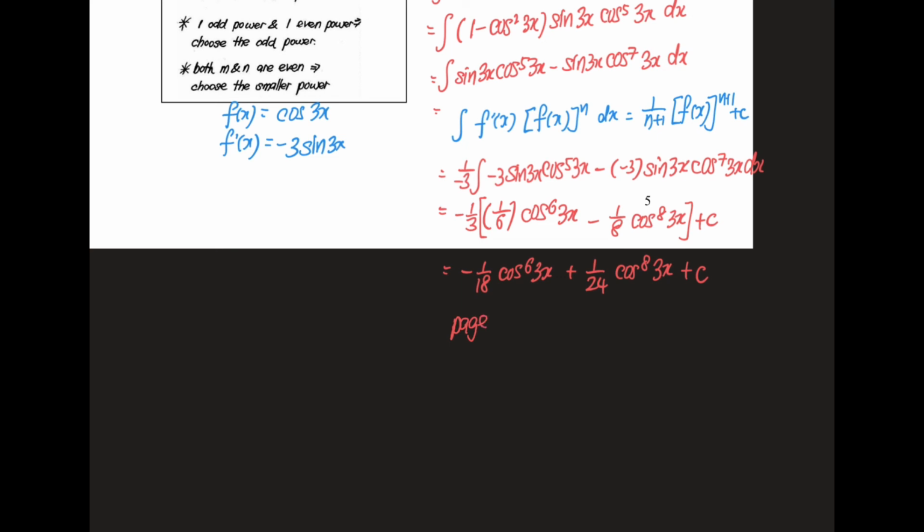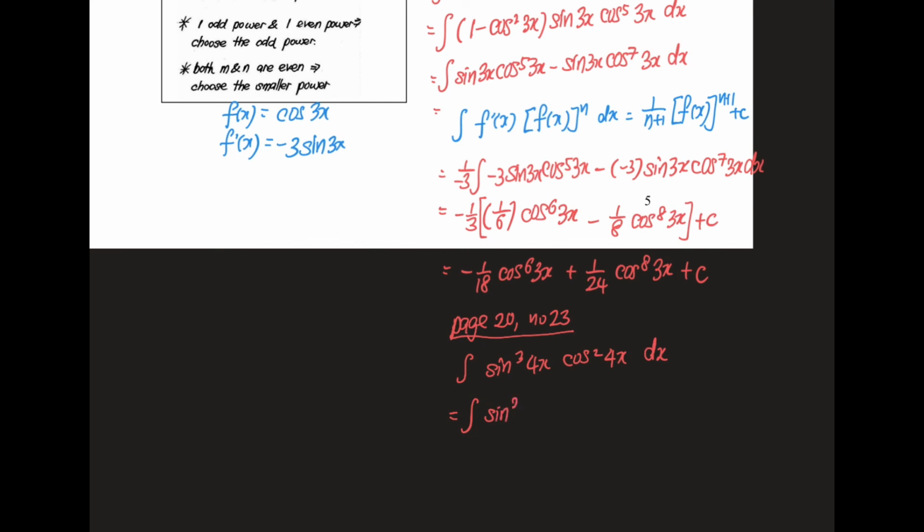Page 20, question 23. So we have the integration of sine cube 4x cos square 4x dx. For the sine cube, this is the odd power.